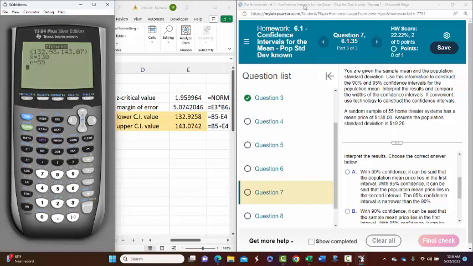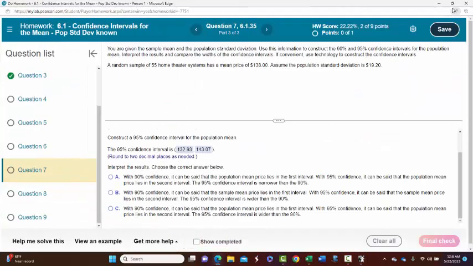All right, now let me expand this so we can read this conceptual question. All right, okay, let's make sure the wording's not too tricky here. Well, we know the 95, okay, actually I read the last sentence first.